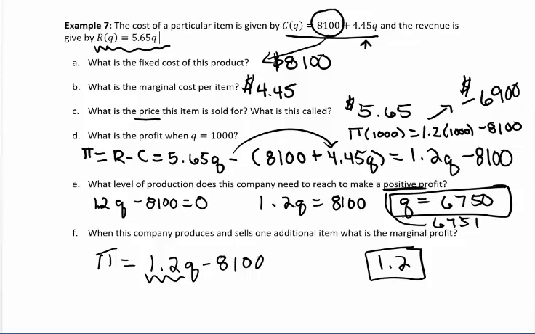If I didn't already have my function for profit, what I could do is look at the marginal revenue, right? So I'm going to write MR for marginal revenue here, which we said was $5.65.